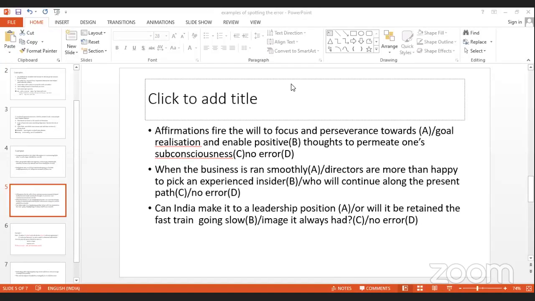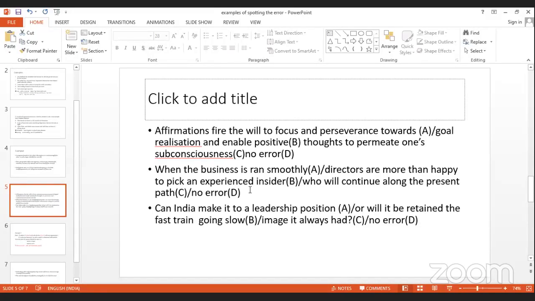Here India is the subject. So over here, the whole India is the subject. It is singular, so it has to follow a singular verb. So what will happen here? Image it always, singular will be had or has. Singular should be has. Good, Aniket.